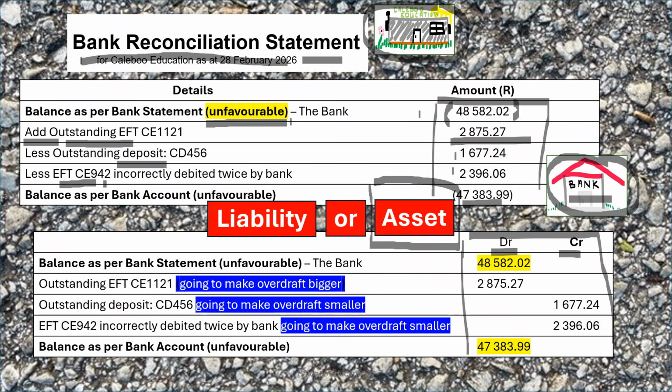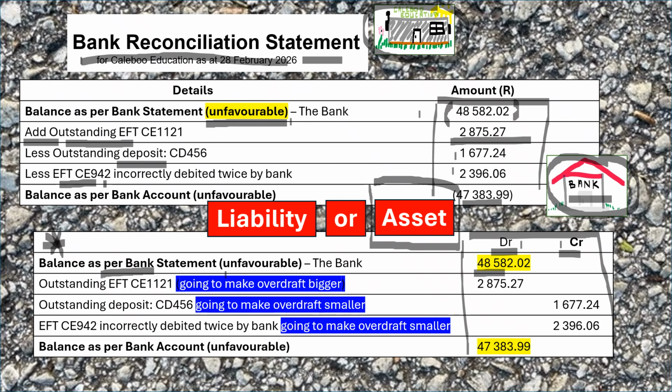So if I look here, this is the same type of thing as above. It's a bank reconciliation statement, just done with a debit column and a credit column. In this format here, the balance as per the bank statement unfavorable will go in the debit column, indicating that Calibre Education is an asset to the bank.